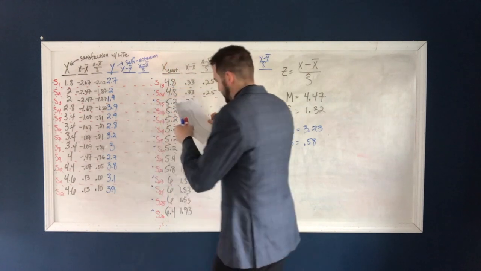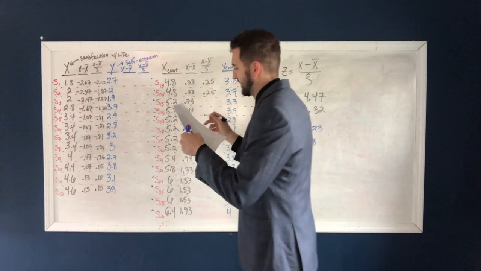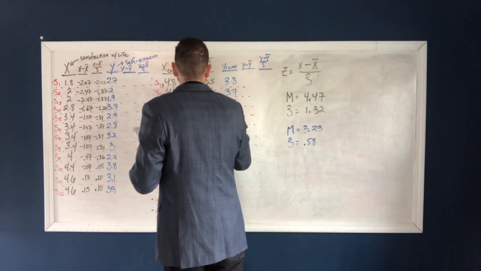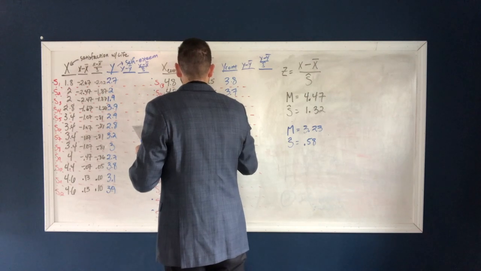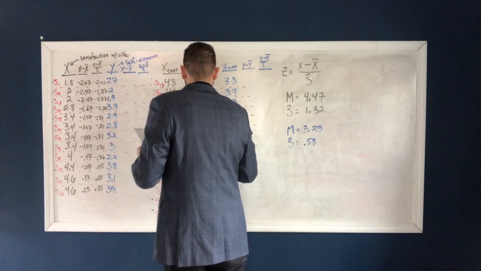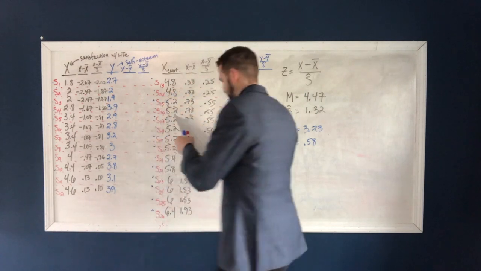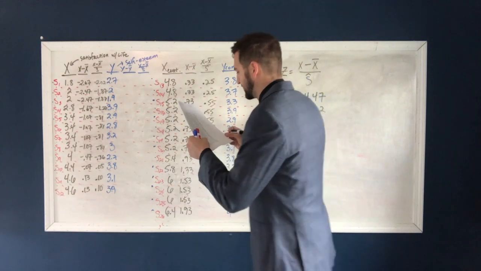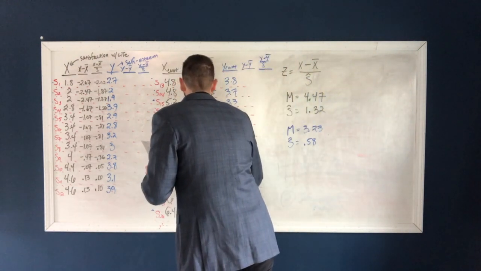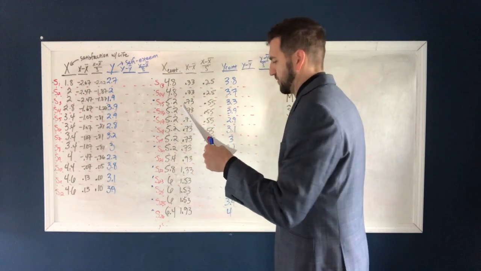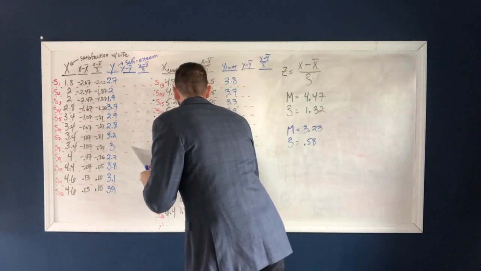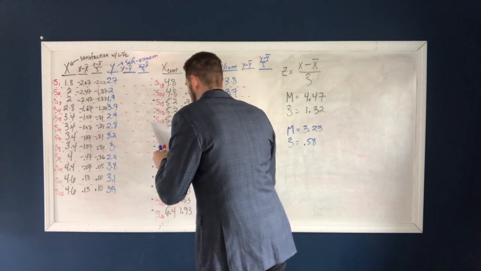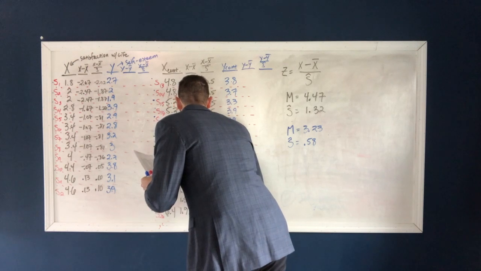So we have a couple of those. 0.73 divided by the standard deviation is 0.55. 0.93 divided by the standard deviation is going to be 0.70. 1.33 divided by the standard deviation is 1.01. 1.53 divided by the standard deviation is 1.16.